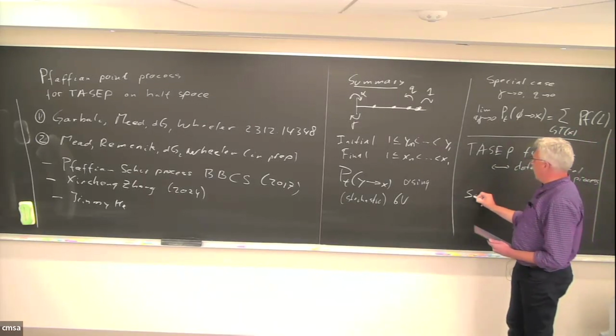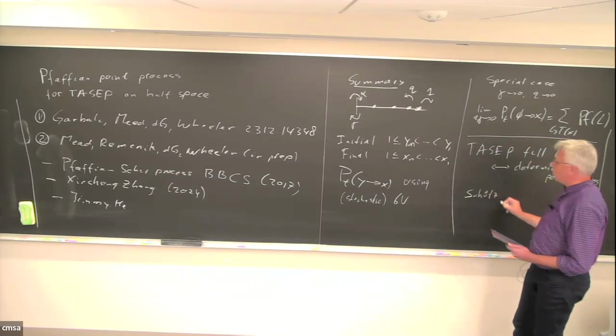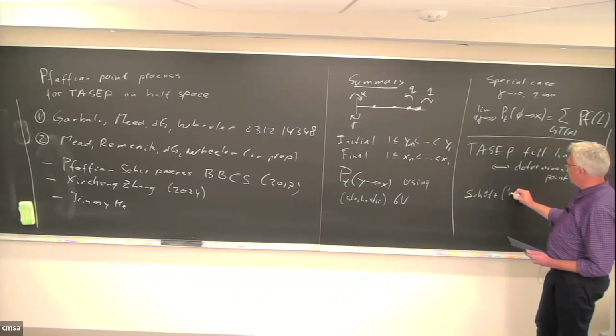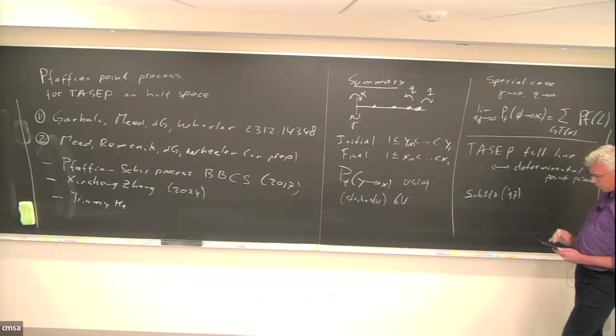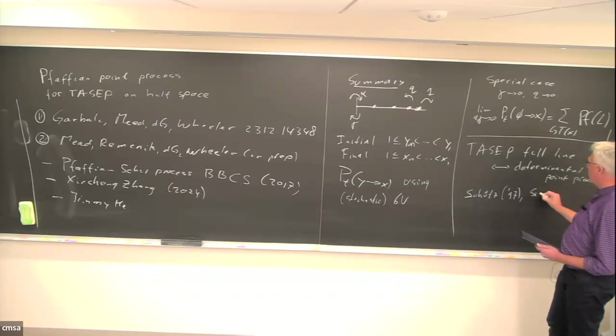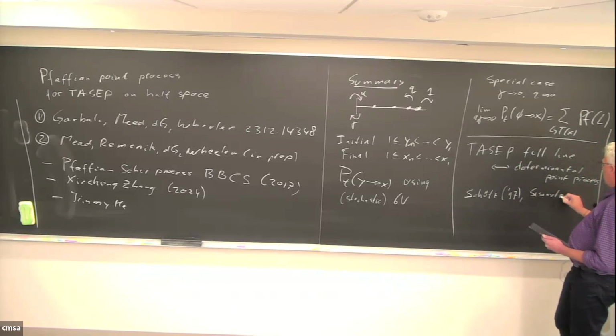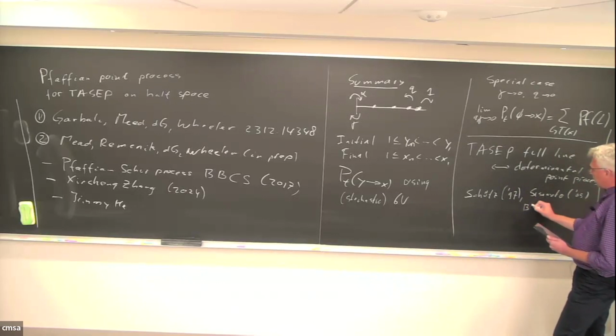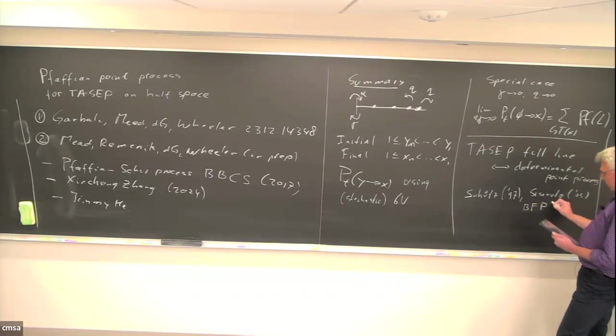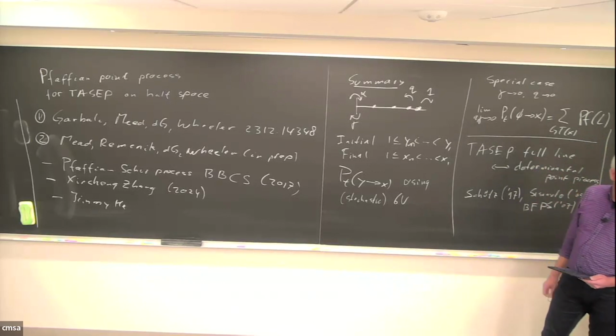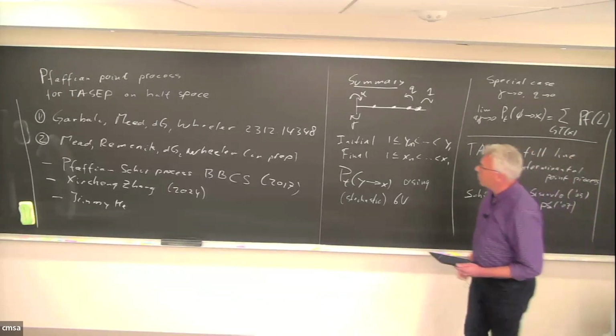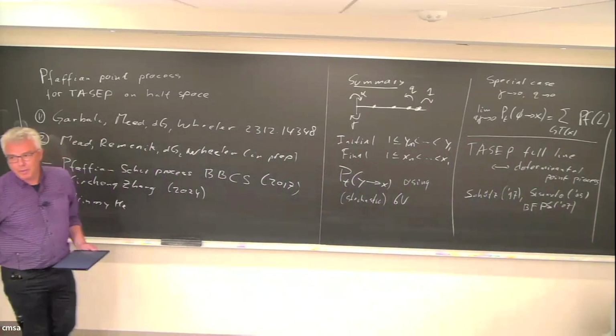And that was based on a formula by Schütz, already in 97, I think, and then worked out by Sasamoto in 2005, and it was borrowed in Ferrari, Prähofer, and Sasamoto in 2007, who sort of detailed this story. So we do this sort of similar thing for the half-space case, but there's some added complication. So I hope the outline is sort of clear.